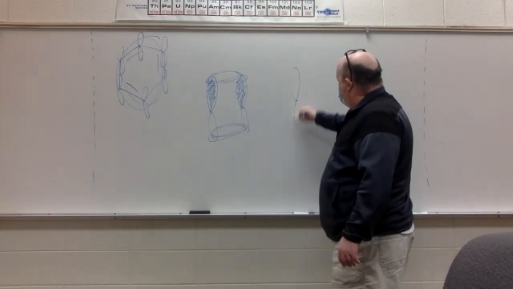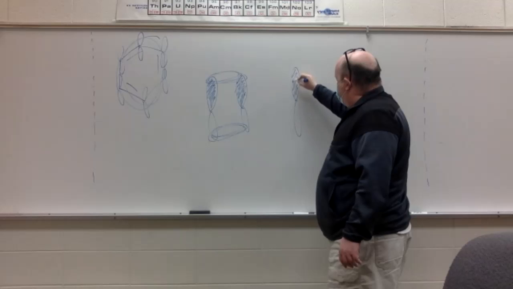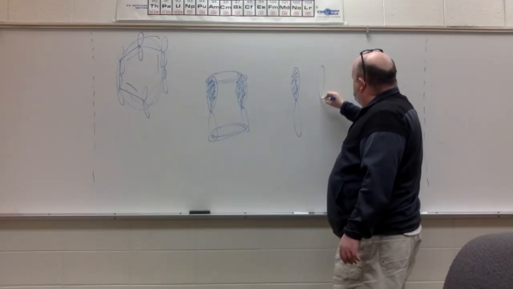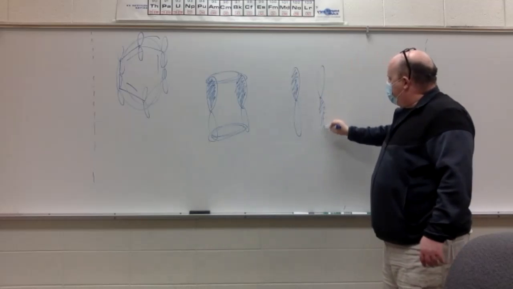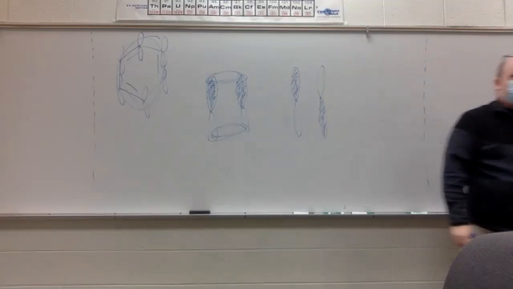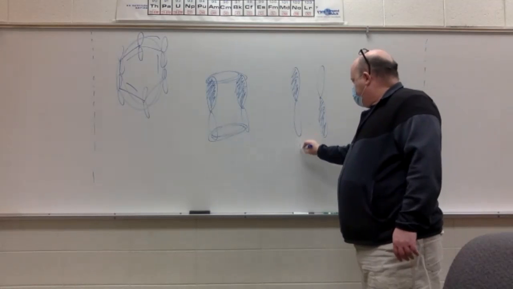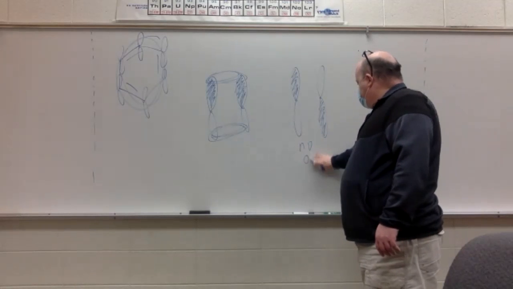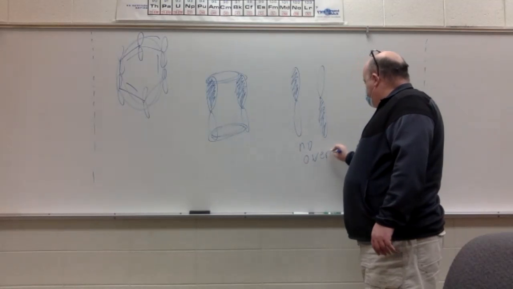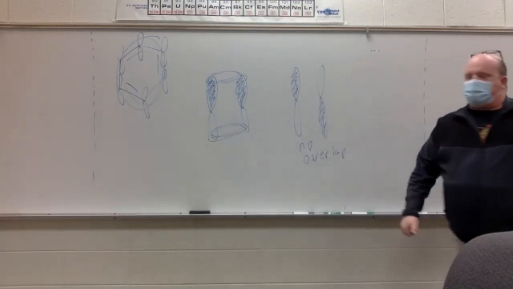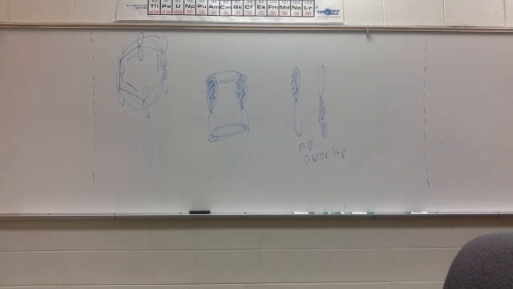However, you could also have something like this, where like regions are not lined up with each other. In this case, because they don't line up with each other, they don't overlap. They don't share. You have to have like regions the same.